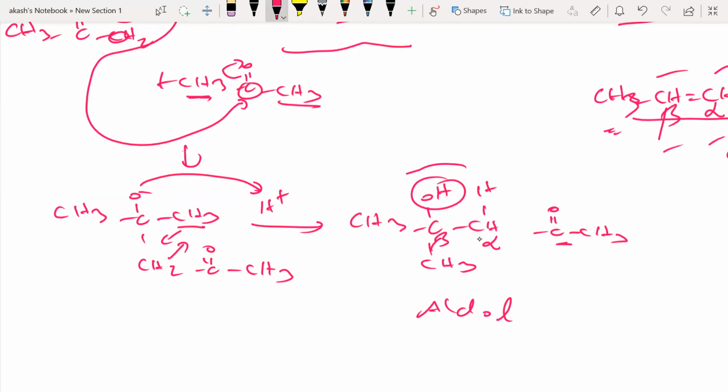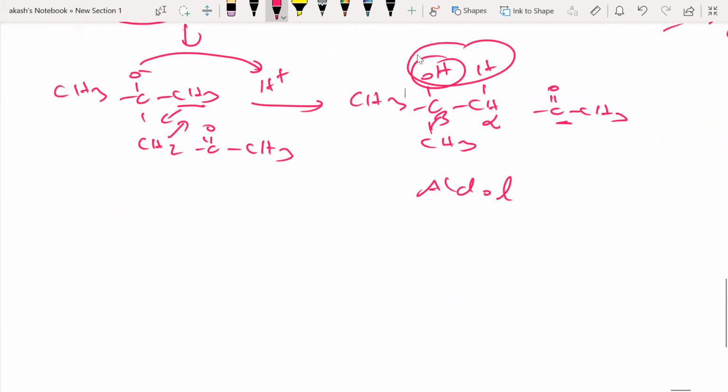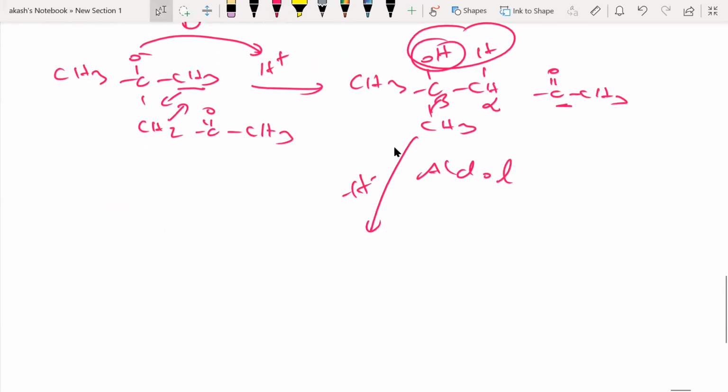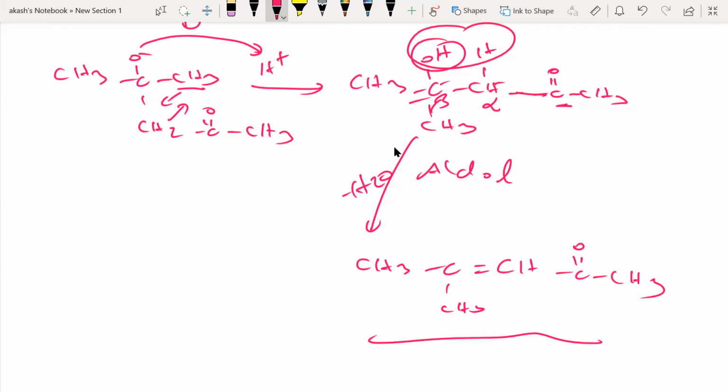You'll remove the H2O like this. So you'll write minus H2O to form a double bond between this and this. Right. Okay. So we will have CH3, CH3, a double bond between this and this carbon with a hydrogen, C double bond O, CH3. This is your final product.